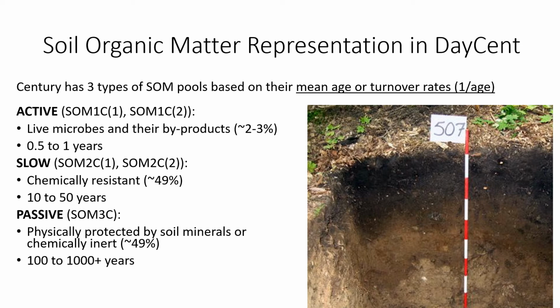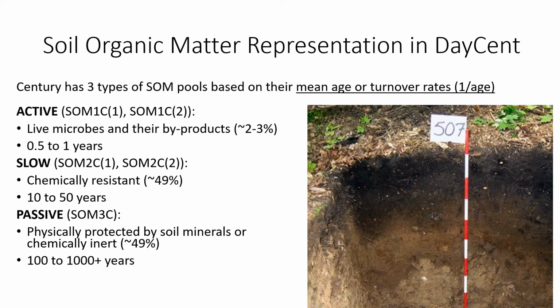The slow pool is chemically resistant to decomposition, and it is roughly 49% of the total soil organic matter. It has a lifetime of 10 to 50 years. The passive pool is physically protected from getting attacked by microbes, or it's chemically inert like charcoal.